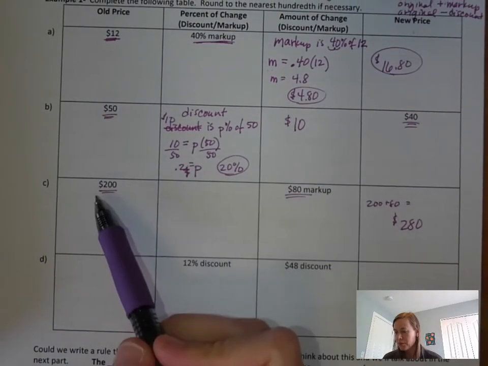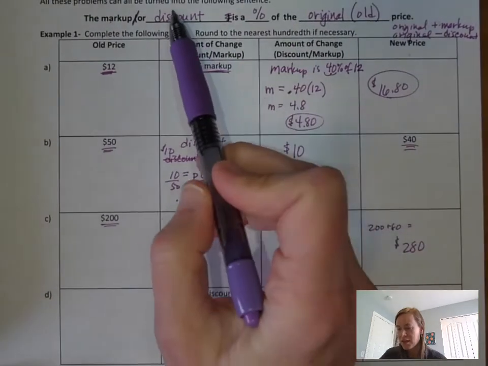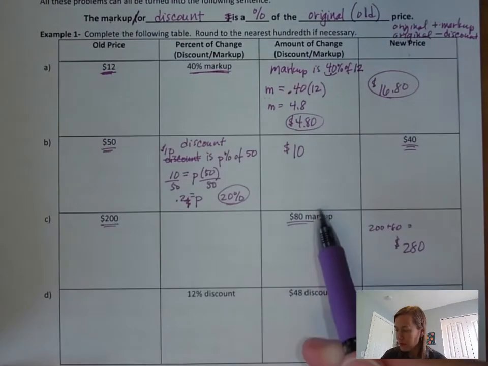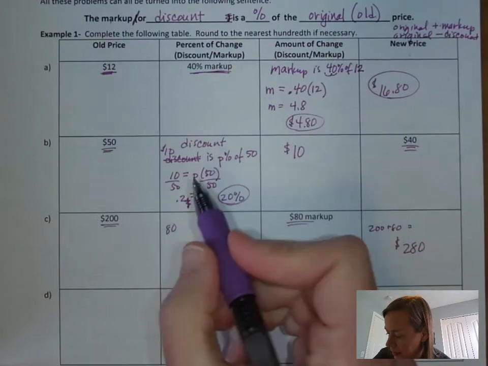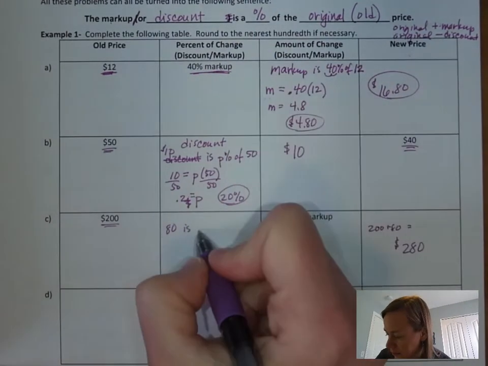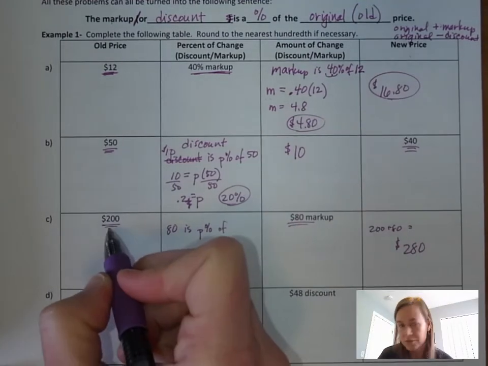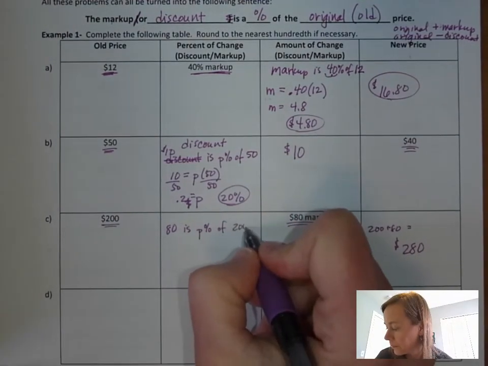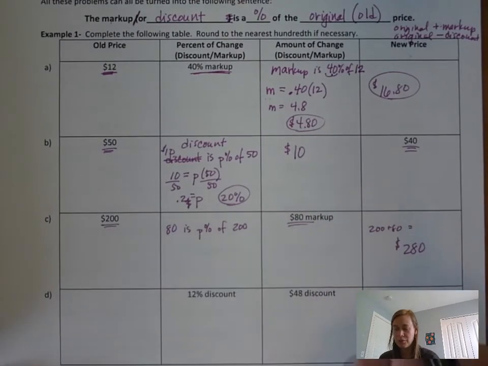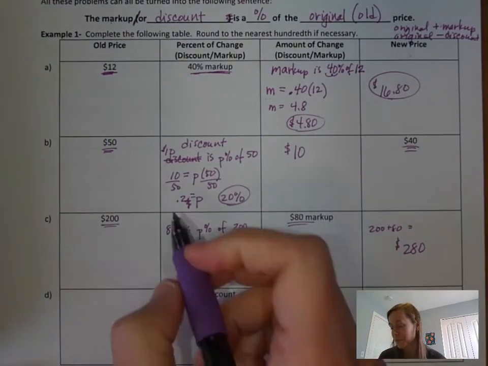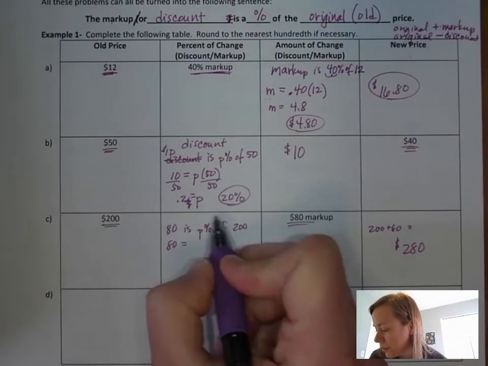We know that that's the markup. We know that that's the original price. We're missing that percentage. So let's write our sentence. So the markup is, which is $80. So I'm going to say $80 is some percent, P% of 200. Now that we know that 80 is some percentage of 200, we're going to write it in equation form. 80 equals, this time I'm going to do it the other way around.